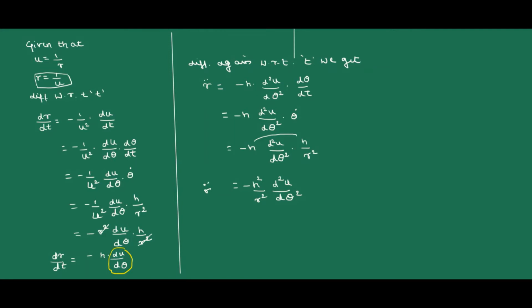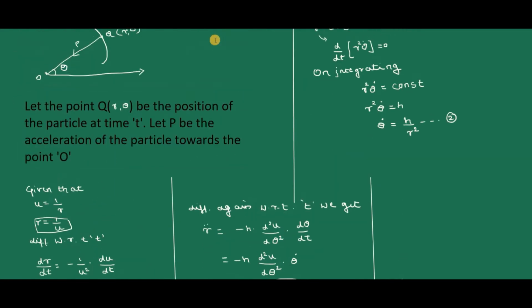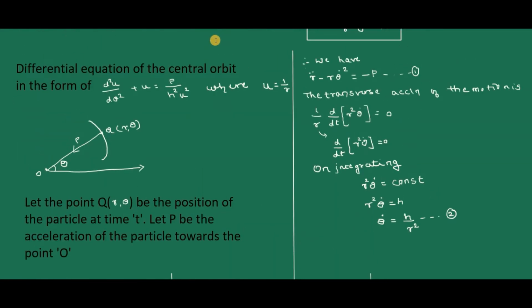Now substituting the values for theta dot and r double dot in equation number 1. So what is equation 1? Equation 1 is r double dot minus r theta dot square is equal to minus p. You have to substitute the value for r double dot and theta dot.